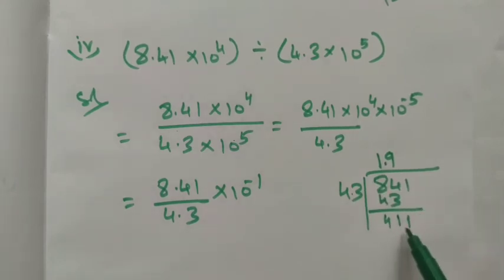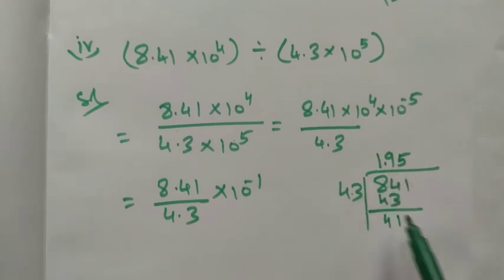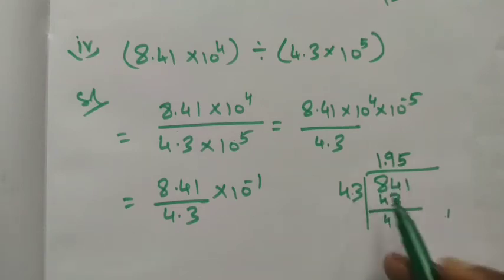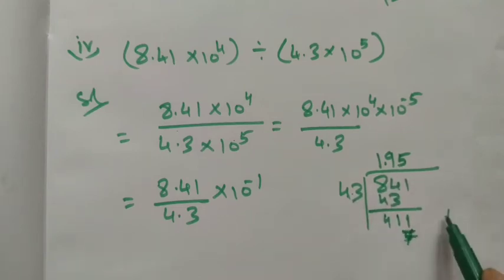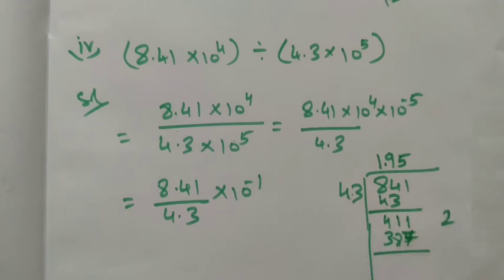So 411 divided by 43 means it will be almost 5 times possible. 5 3s are 15, 5 remainder 1, 5 4s are 20 plus 1. Sorry, first we have to multiply this term. 9 3s are 27, 7 remainder 2, 9 4s are 36, 38, and then when we subtract 11 minus 7 is 4, we have 10 minus 8 is 2, and then 240, right?